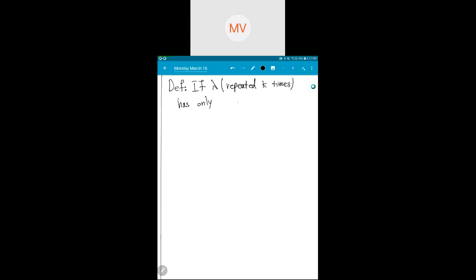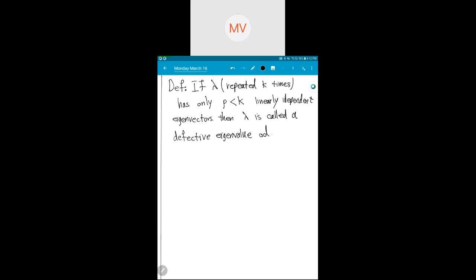So let's suppose it repeats k times, but it only has p, which is less than k, linearly independent eigenvectors. Then lambda is called a defective eigenvalue.